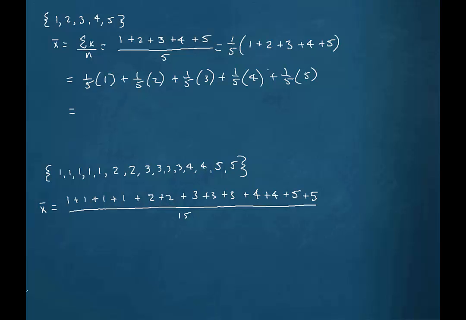And this is going to give me, just in the same way that I would add all these up and divide by 5, I'm still going to get 3. We have 15 over 5, which is 3, or 1/5 plus 2/5 plus 3/5 plus 4/5 plus 5/5 is 15/5, which is 3.